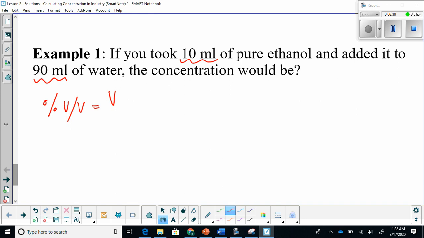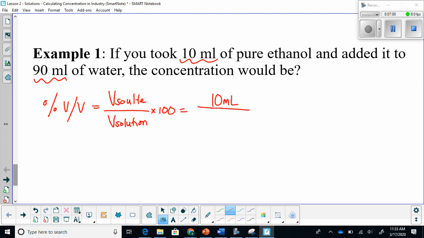It is equal to V solute over V solution times 100. Now you need to decide which one is our V solute and which one is our V solution. V solute is going to be the smaller amount. I remember this because the word solute has fewer letters, therefore it's going to be the smaller amount. So I have 10 milliliters of solute.